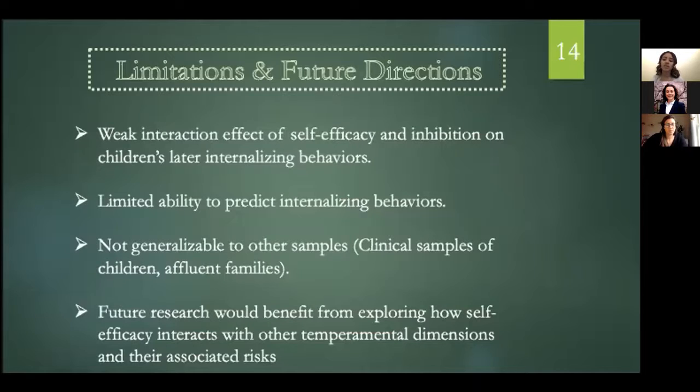Teachers are not always the best at being aware of children's internalizing behaviors. So in the future, it may be helpful to use other reporters that are more sensitive to internalizing behaviors, such as school counselors. Our study was also not generalizable to other samples, and future research would also benefit from exploring how self-efficacy interacts with other temperament dimensions and their associated risks.